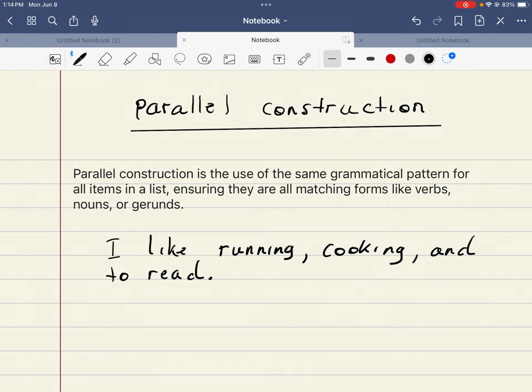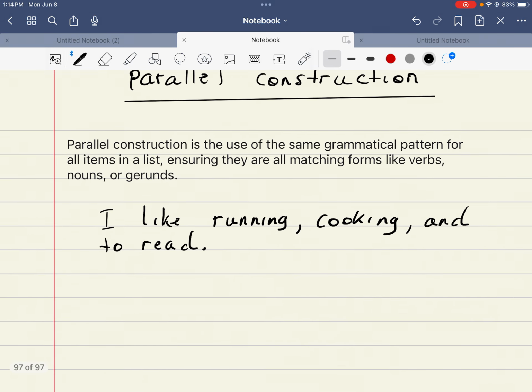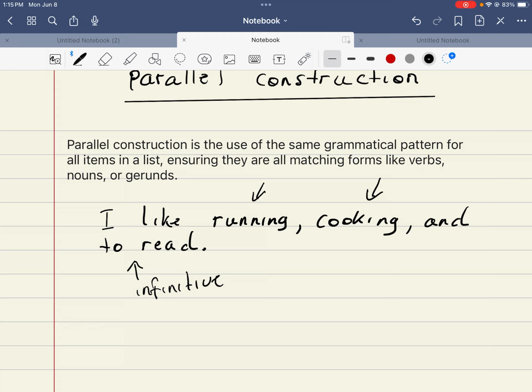Okay, so if you've paused the video, I hope you figured out what's the problem here. So we have essentially two verbs ending in ing here, and then we have an infinitive here. So if you go back to the definition of parallel construction, we want to keep the same grammatical pattern.